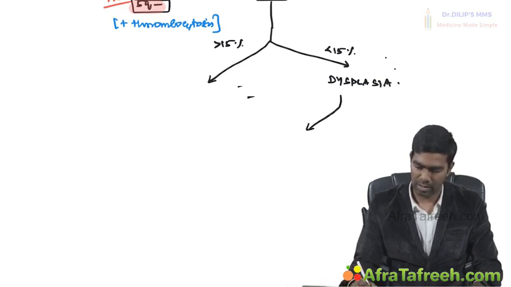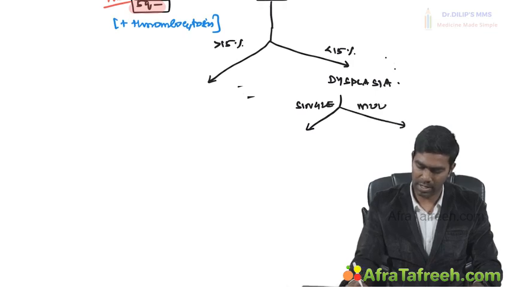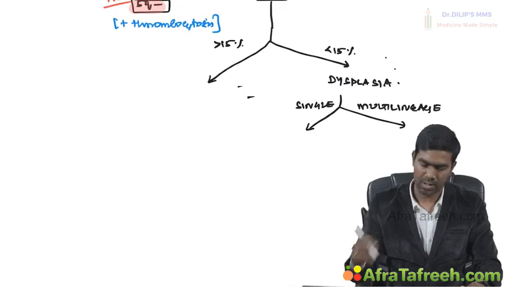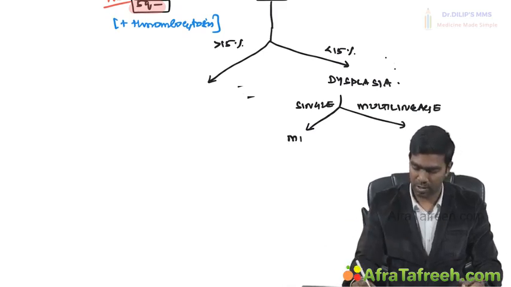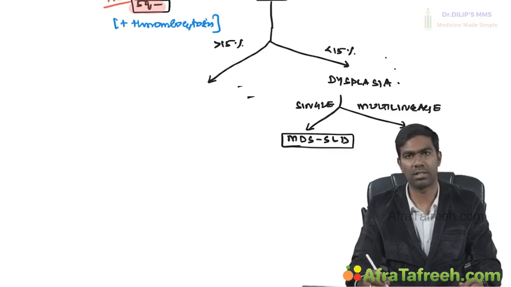Whether it is a single lineage dysplasia or a multilineage dysplasia. Remember, if it's a single lineage dysplasia, it is MDS with single lineage dysplasia, otherwise called MDS-SLD.